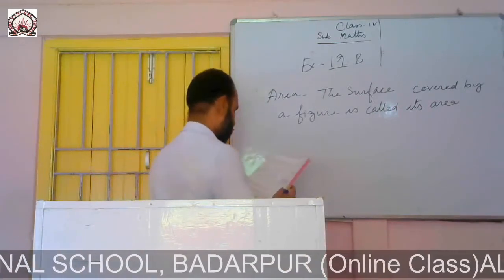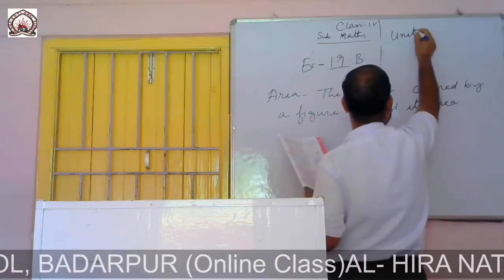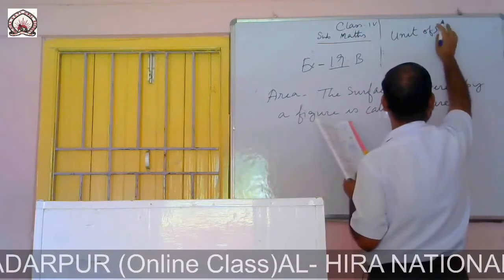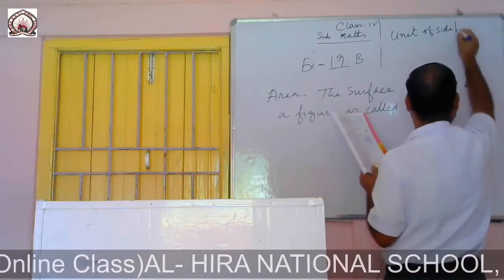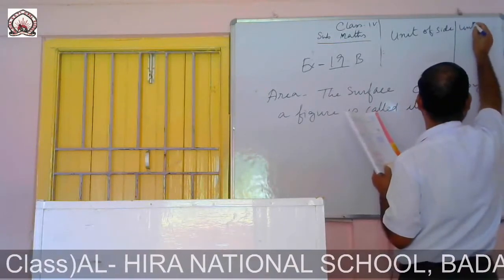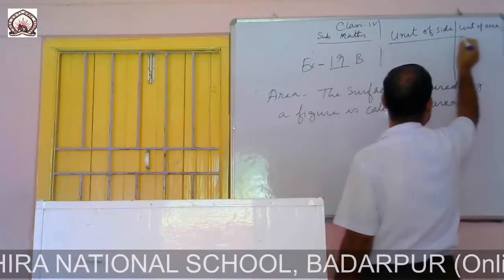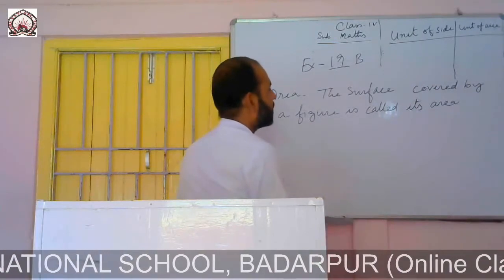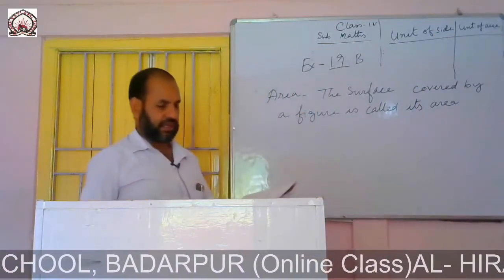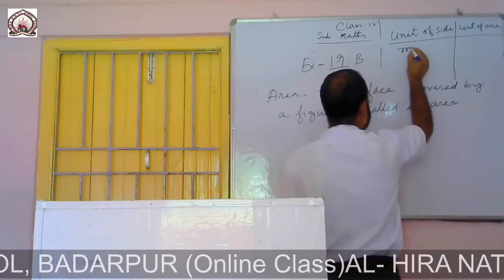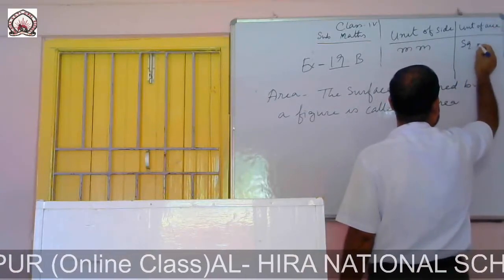Next, unit of side and unit of area. For the measurement of any side, we use the unit millimeter, and for the unit of area, we use square millimeter.